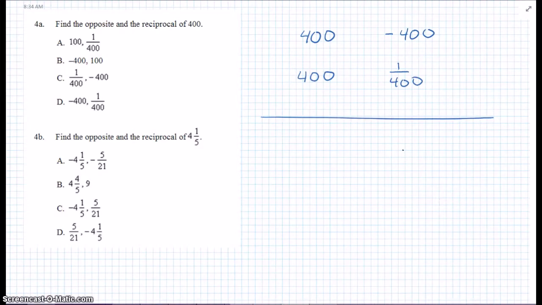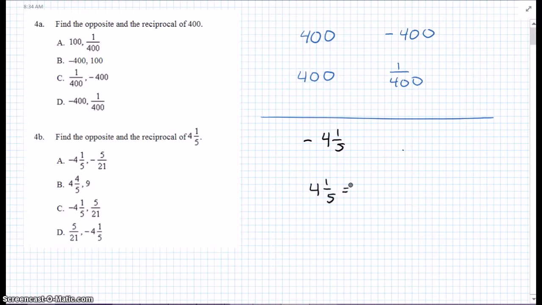4b, find the opposite and the reciprocal of 4 1/5. Okay. So, well, 4 1/5. The opposite is just negative 4 1/5. Okay, the reciprocal.